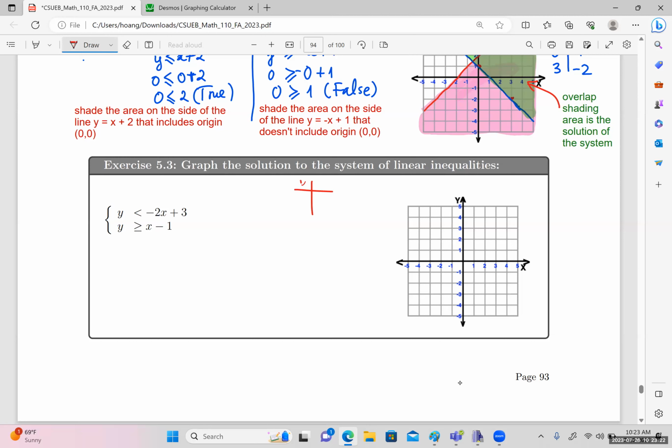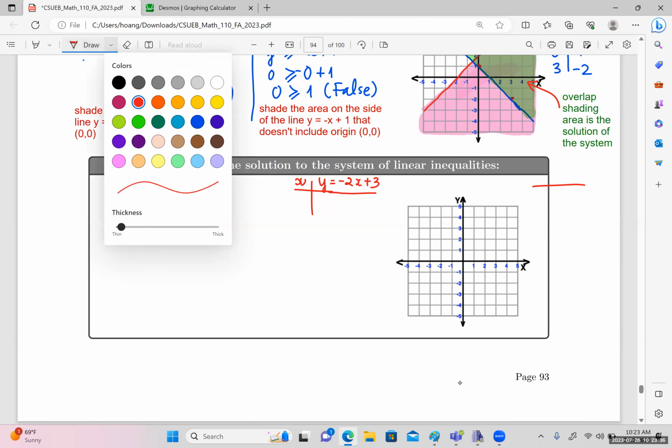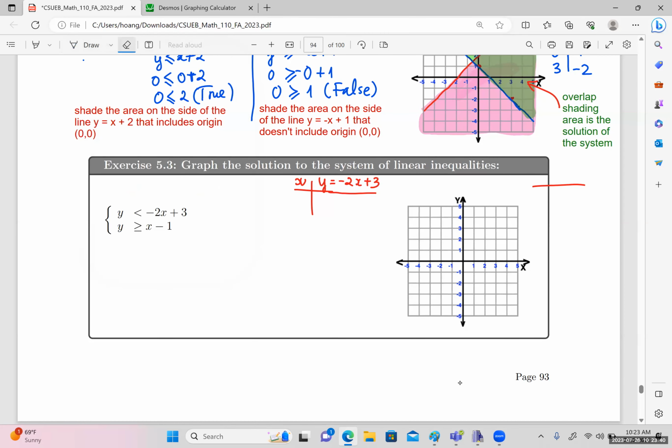Say y equal to -2x plus 3, right? And then the other one, maybe I use the other color, the blue one.